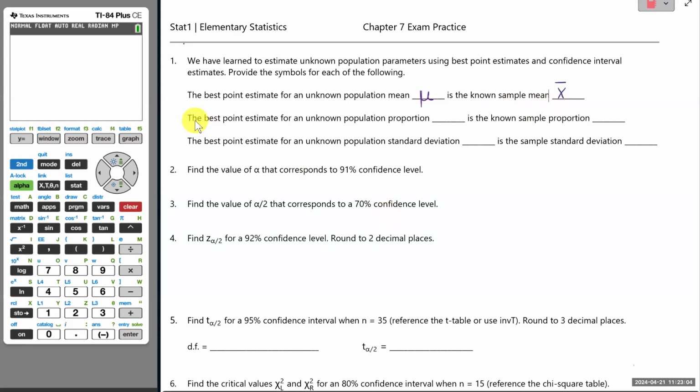All right, our best point estimate for an unknown population proportion, that would be p. So if we rely on a sample to estimate it, our best point estimate is the sample proportion p hat.